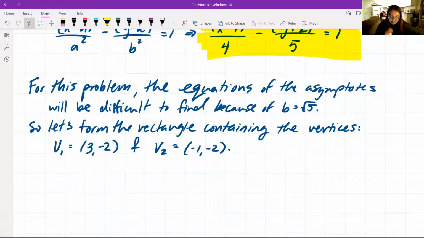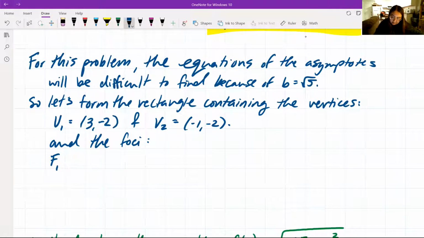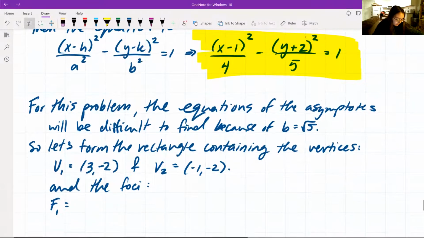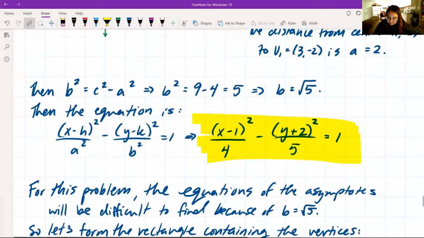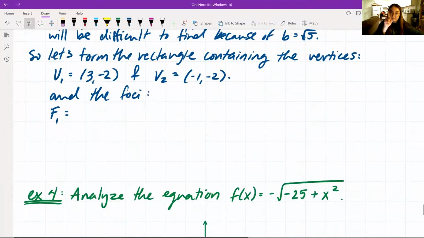So our vertex 1 is 3, -2, and vertex 2 is -1, -2. Then we have the foci, which are going to be at foci 1, or sorry, not the foci.